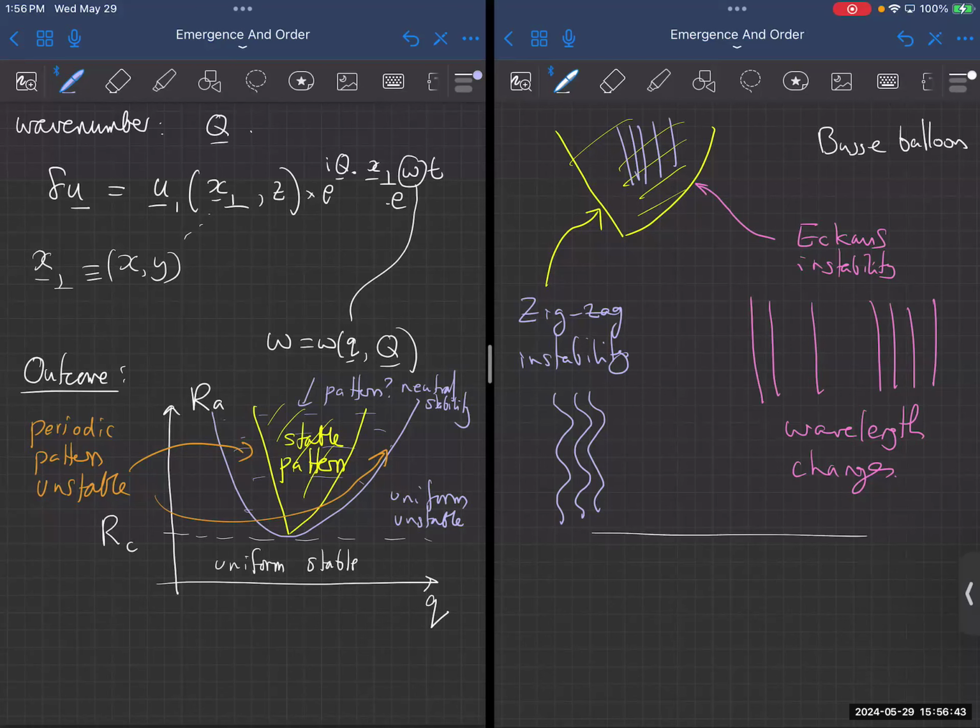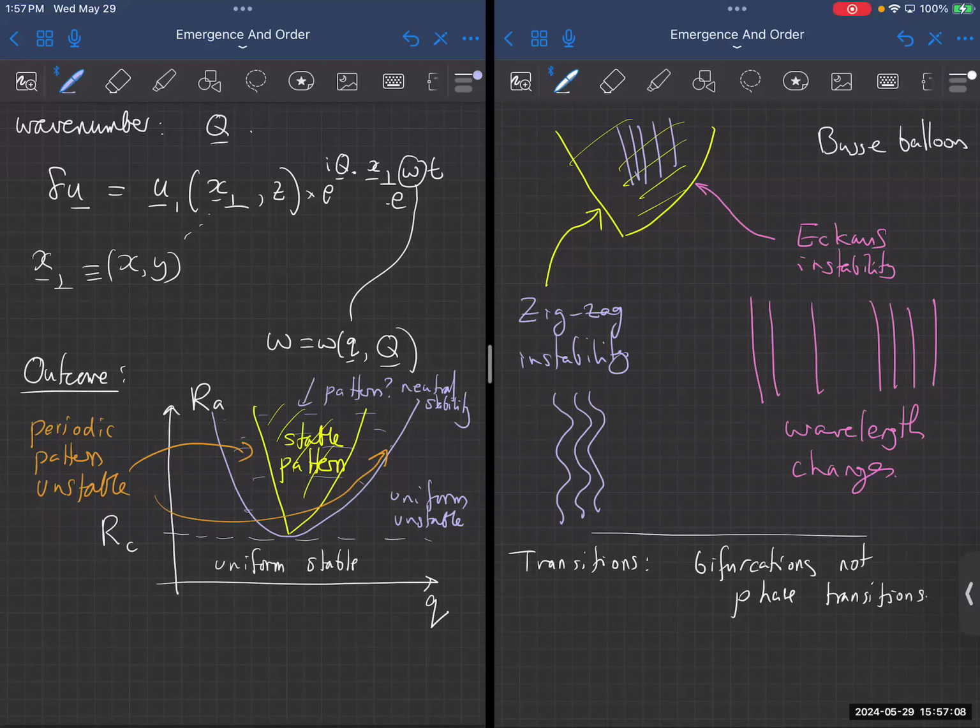These transitions, at least the way I've described them, are bifurcations, not phase transitions. The reason is that phase transitions are from statistical mechanics, so they're in thermal equilibrium.